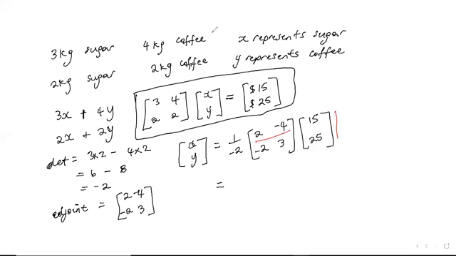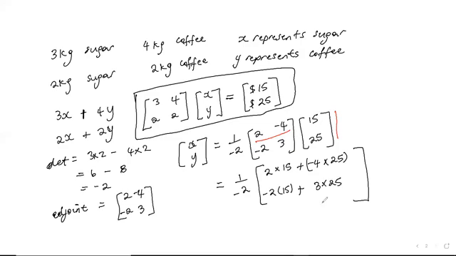So we end up with 2 times 15 plus negative 4 times 25, and negative 2 times 15 plus 3 times 25. All right. So we get the 1 over negative 2.